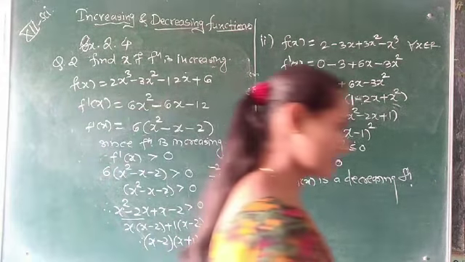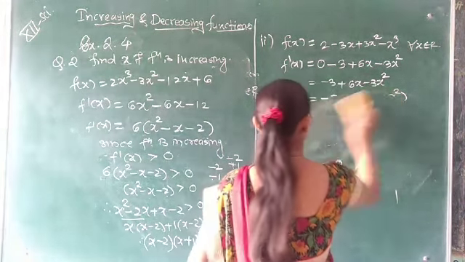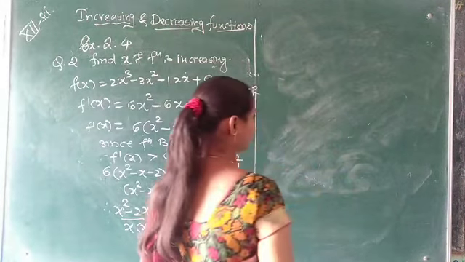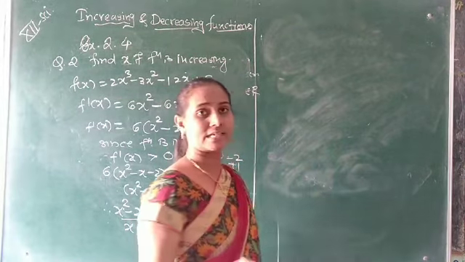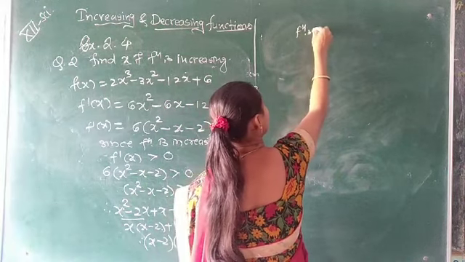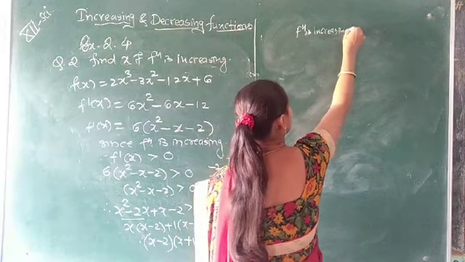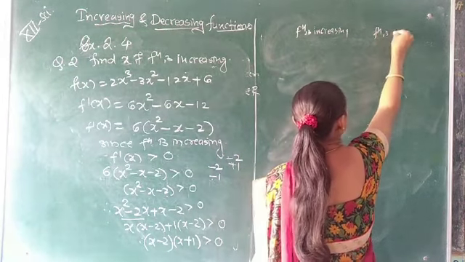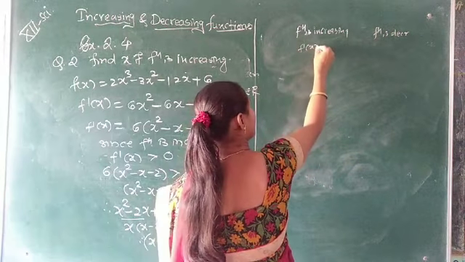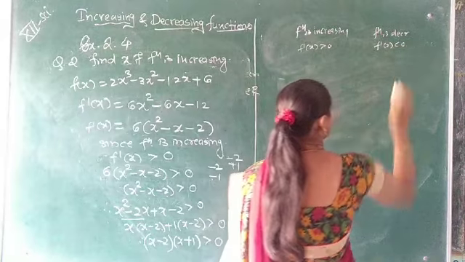Now the most important thing in the factorization for an increasing or decreasing function, so don't forget this. If there are two factors, say a and b, for an increasing function and a decreasing function, we must know that if the function is increasing, then f dash of x is greater than 0, and for a decreasing function, f dash of x is less than 0.